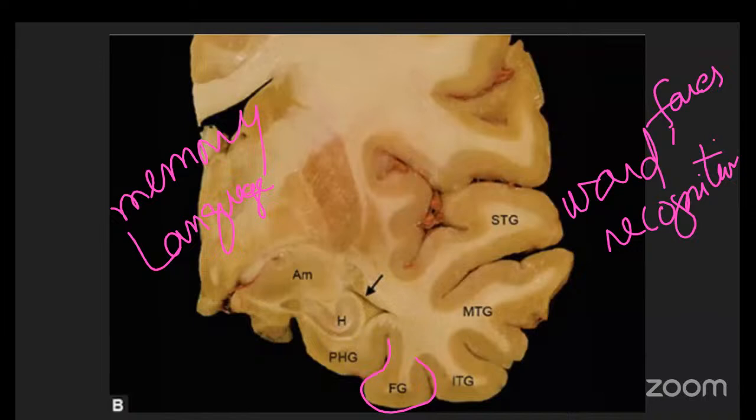So it's big on the comprehension and the language and the memory. Fusiform gyrus is just one small part of this huge circuit, but it is important for the facial recognition and for the word recognition. Then we have the parahippocampal gyrus, which is associated with memory. And right in the depths of it, we see the hippocampus and the amygdala.